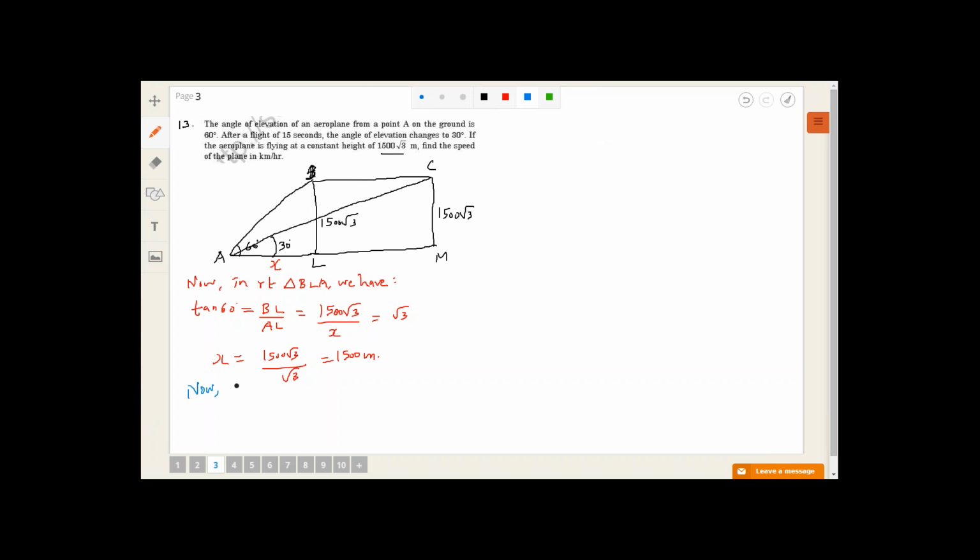Now in right triangle CMA, we have tan 30 equal to CM by AM, and AM can be written as AL plus LM.